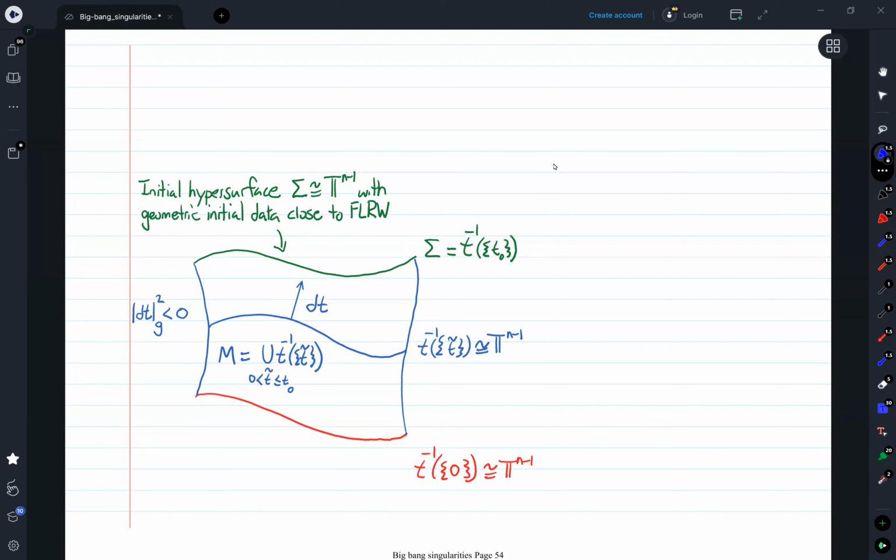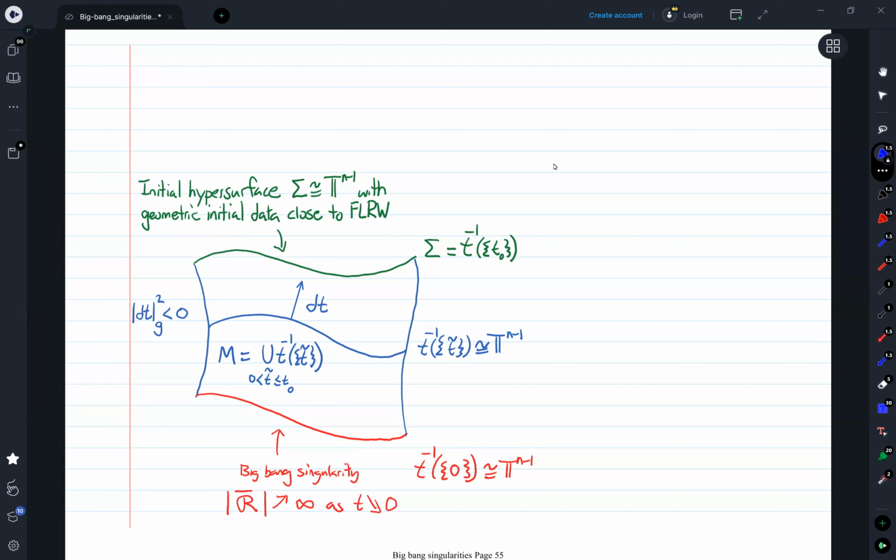You don't know a priori, when you're just trying to figure out how to slice the space, that your singularity is going to appear as a constant time hypersurface. In general, you expect this not to happen. So finding a time function that does this is one big part of the problem. And having the singularity happen all at t equals 0 is another really challenging issue.